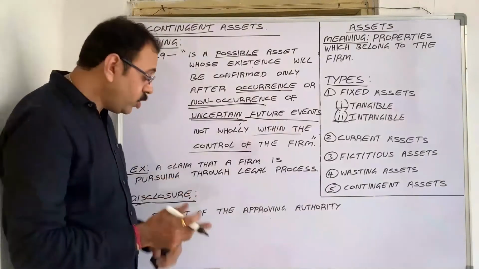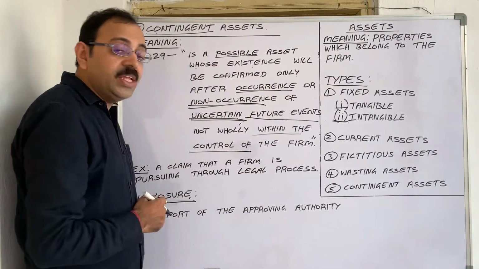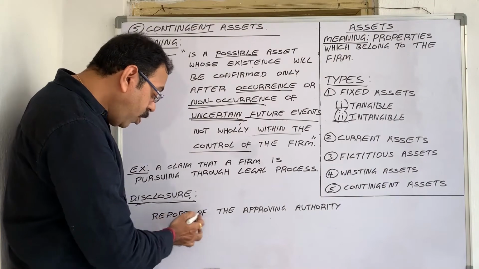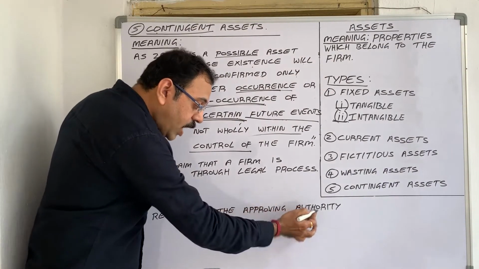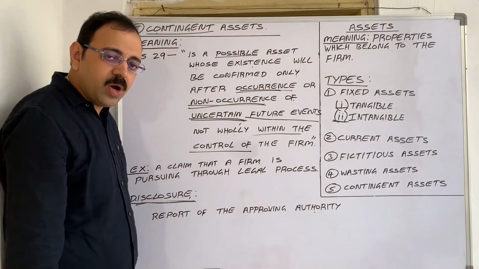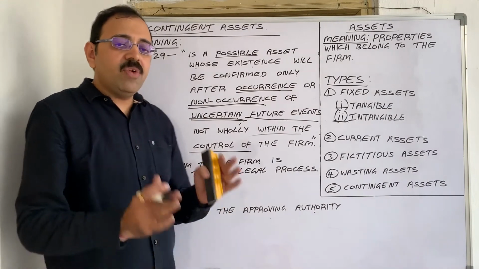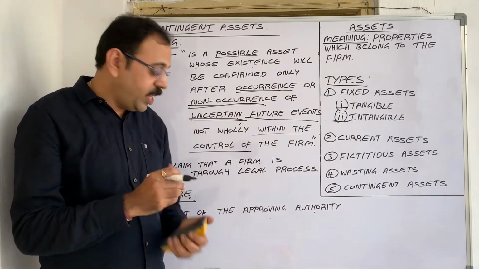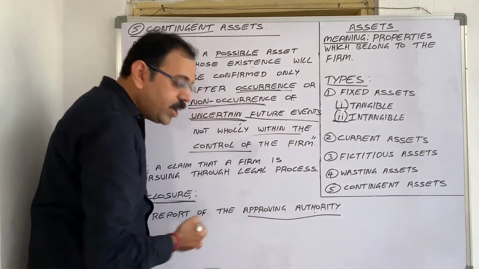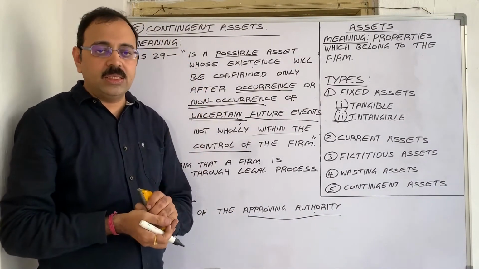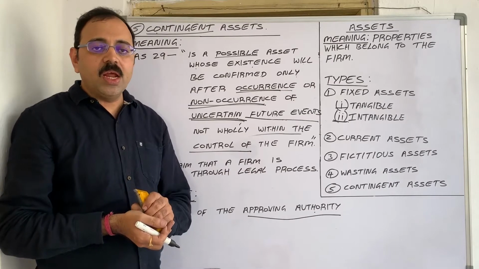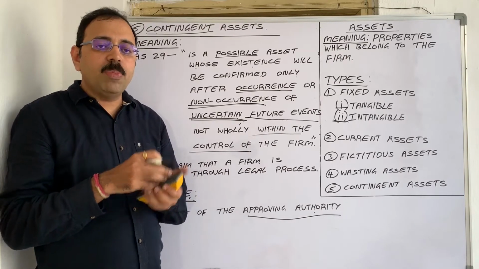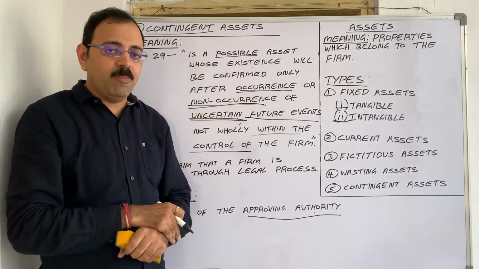So where do we have to disclose this contingent asset? In the report of the approving authority. For example, take one joint stock company. In case of a company, the approving authority is the board of directors. Every year, the board of directors prepares the annual report of that company.